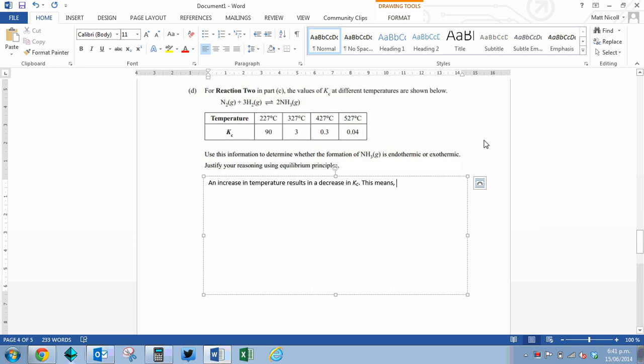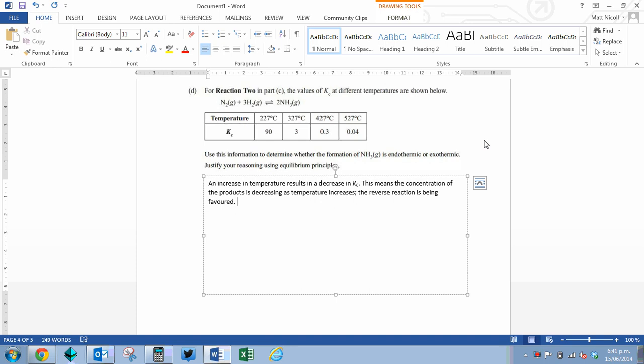If this value is decreasing, this means the concentration of the products is decreasing as temperature increases. The reverse reaction is being favoured.